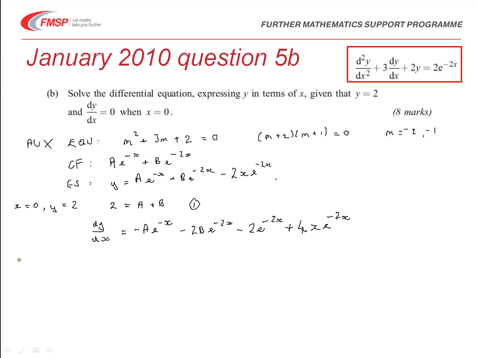So again, we know that when x is 0, dy/dx is 0.